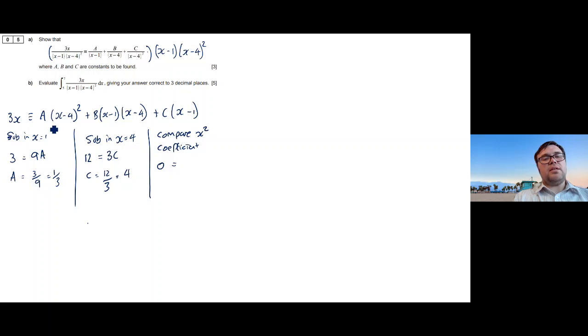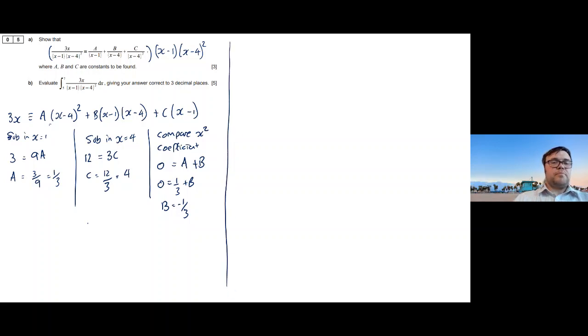The only way I can get x squared here is by expanding this, and it's going to be a x squared, and then plus b. We know the value of a is a third, so then we would say 0 equals 1/3 plus b, so b equals -1/3.